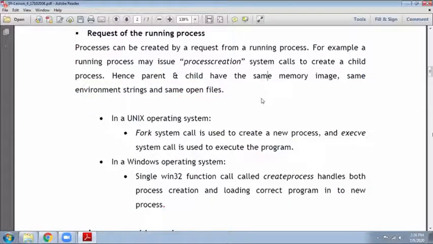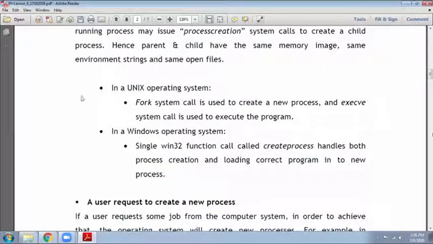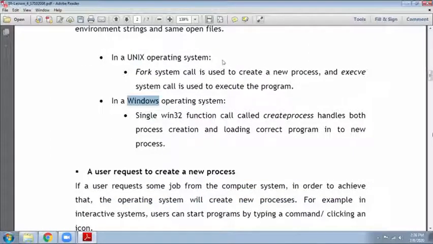Okay. So we have learned different operating systems such as Unix and Windows are the two main types. Different operating systems have different commands to start or create a process.